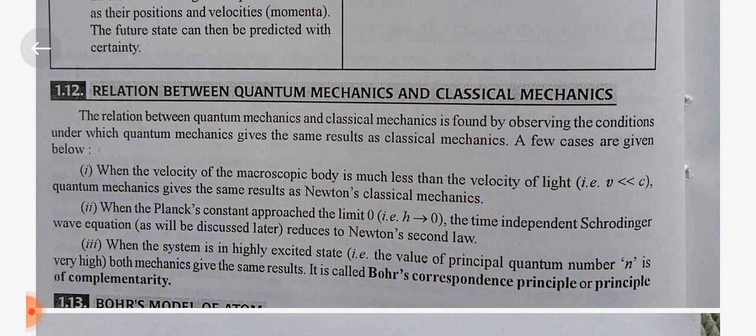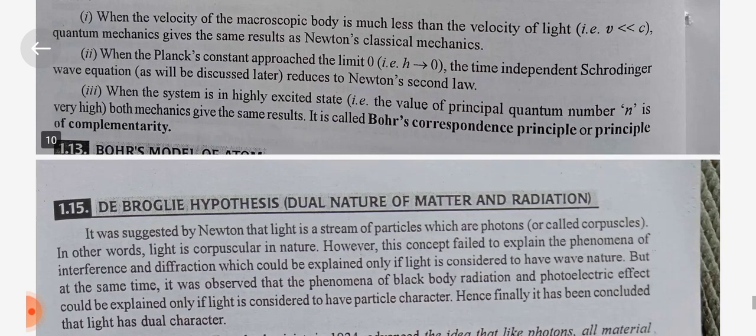When Planck's constant approaches the limit 0, the time-independent Schrödinger wave equation reduces to Newton's second law. When the system is in a highly excited state, if the value of principal quantum number n is very high, both mechanics give the same results. This is called Bohr's correspondence principle or principle of complementarity.